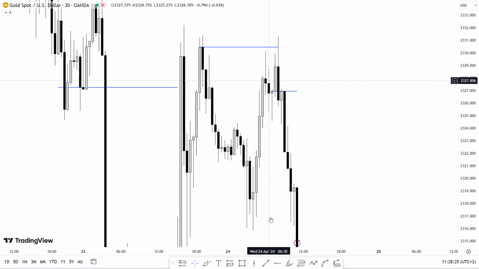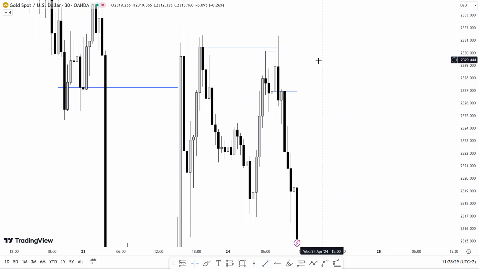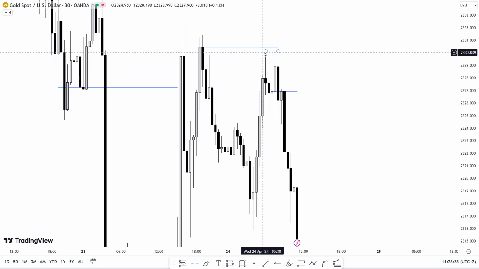But after I did look at the charts, right, I did see that I already had areas of resistance, which was this one right here, buy, sell, and then this buy, which was an area of support, and then we broke below it.